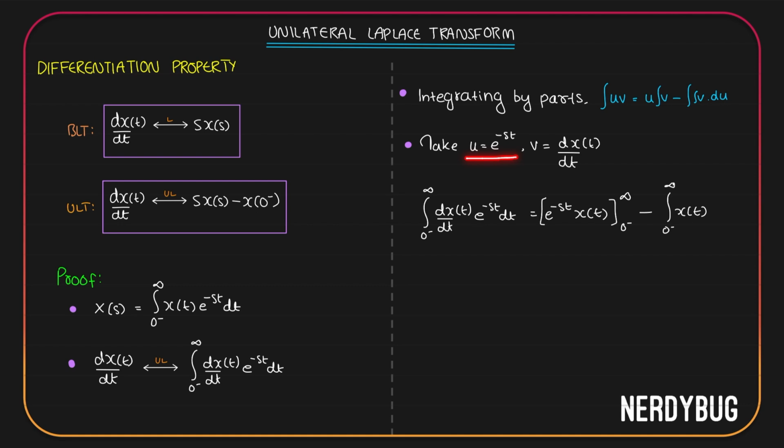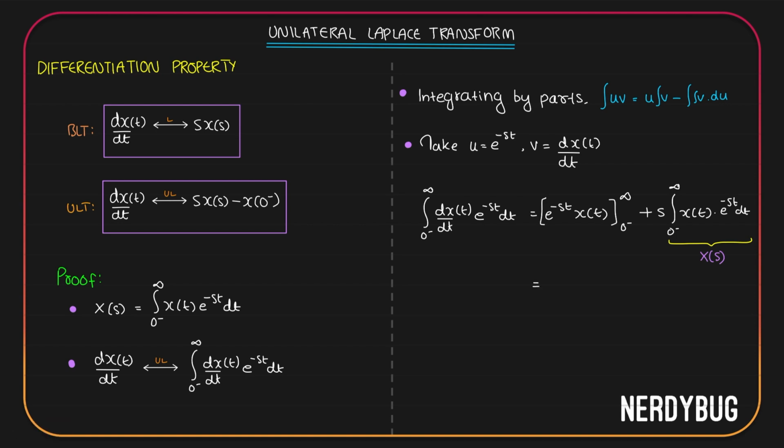Derivative of e raised to minus st is minus s e raised to minus st dt. Here the integration is with respect to the variable t, which means minus s can come out of the integral. So that term becomes plus s into integral from 0 minus to infinity x of t e raised to minus st dt. But what we have over here is simply X(s), the unilateral Laplace transform of x of t.